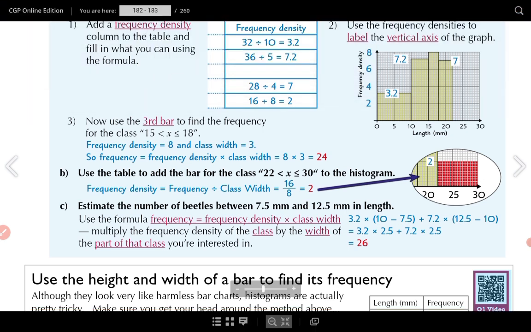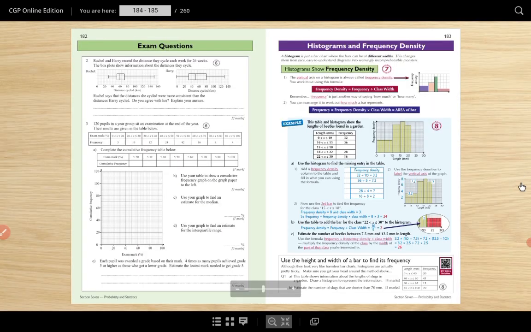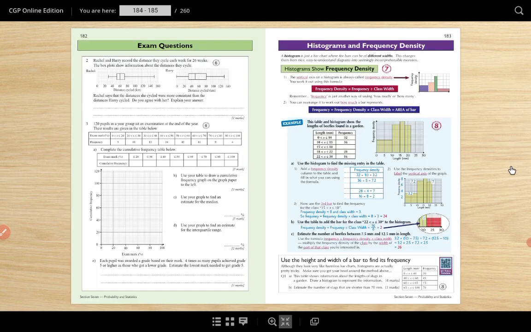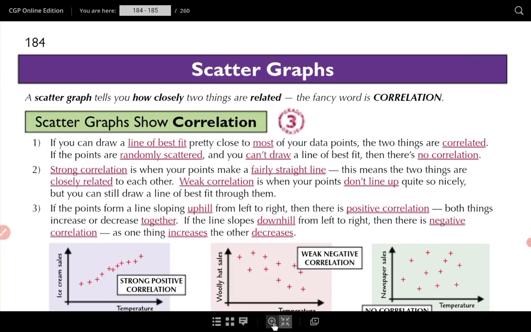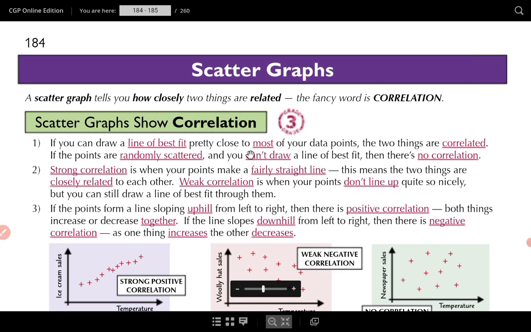So let's go to something else. Under scatter graphs, a scatter graph, just as the name would suggest, is something like this.